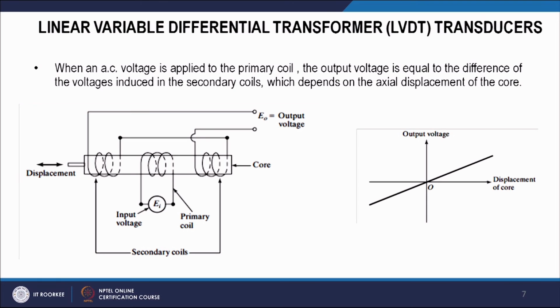The primary coil is given an input AC voltage, E i, and there is a magnetic material core. The output is taken from the difference between the two secondary coils.